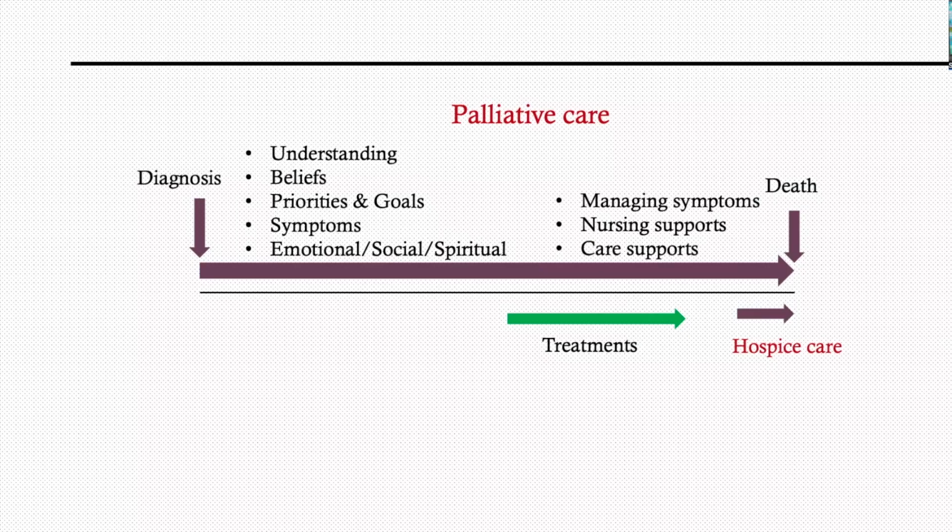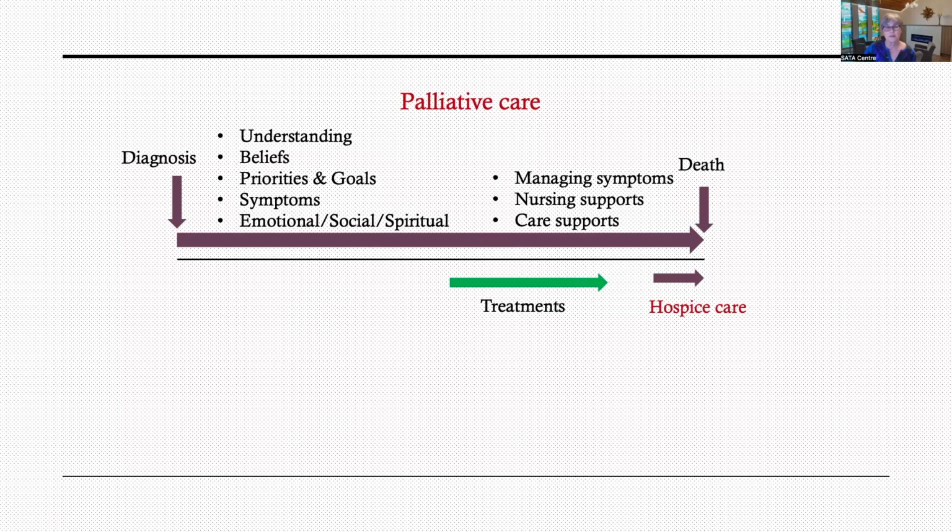As your trajectory moves closer and closer to your end of life, managing symptoms becomes more of a priority, but also starting to engage nursing supports, supporting you and your low energy at home with care supports that can be equipment or people. And then moving to hospice care, which can be at home in the form of nurses and physicians coming to your home.